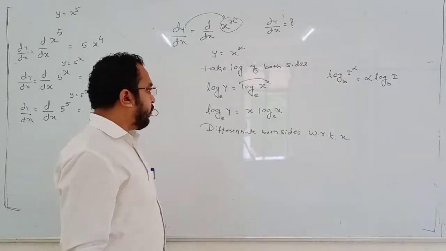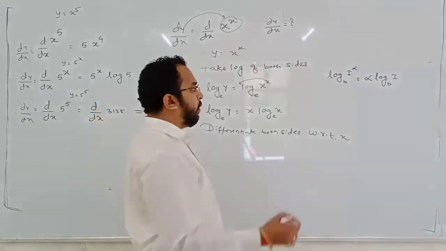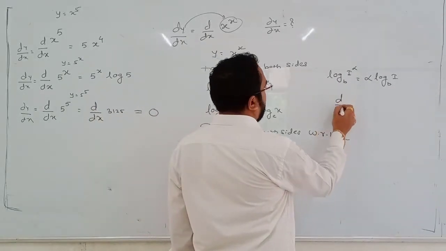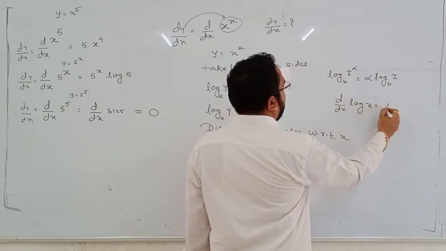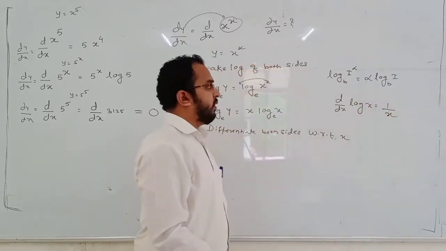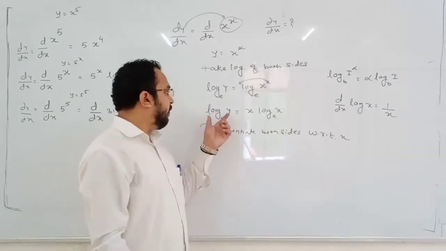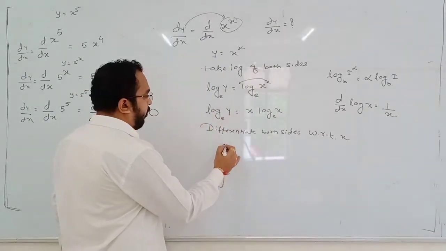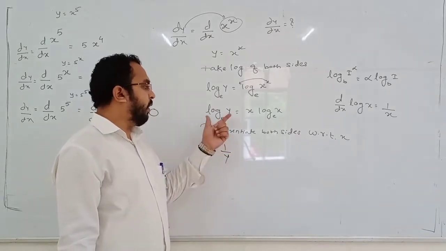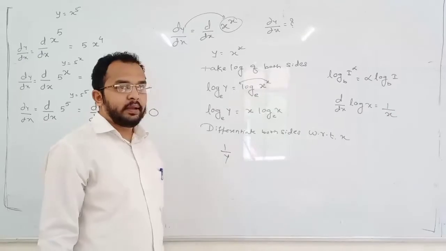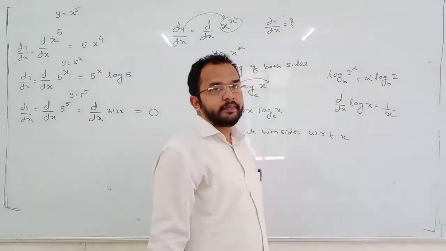Now when I differentiate log y, what is the differentiation of log something? What is the differentiation of log x? It is 1 upon something. So differentiation of log y will be 1 upon y, because differentiation of log something will be 1 upon something.